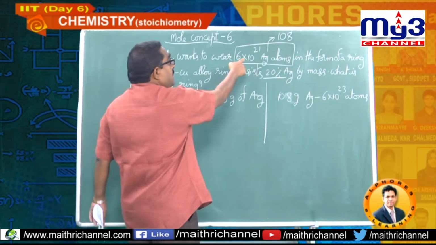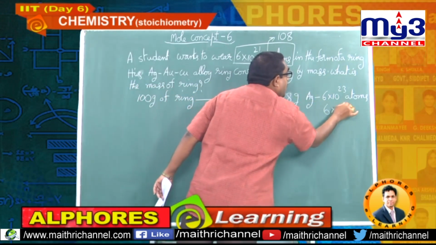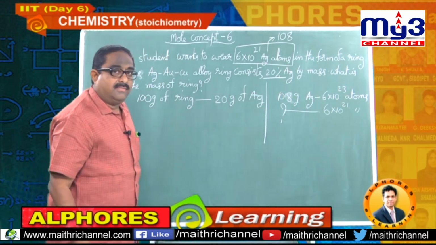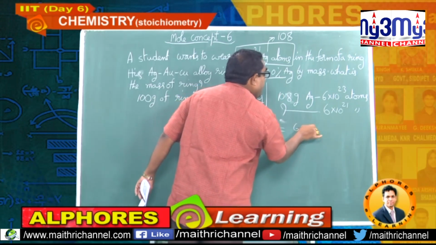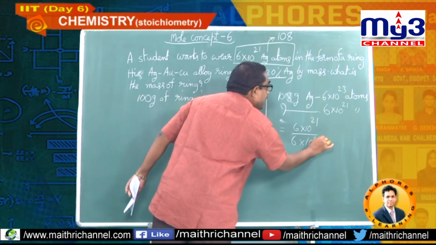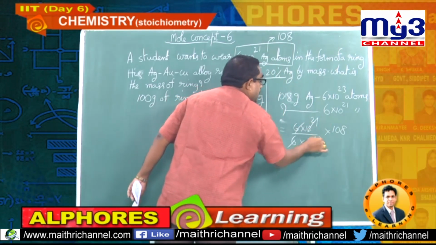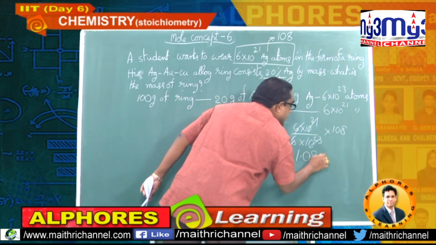But this time the student wants to wear only 6 into 10 power 21 atoms. Then how much weight he should take? Then that is 6 into 10 power 21 divided by 6 into 10 power 23 into 108, and this becomes 10 power minus 2, so that weight should be 1.08 grams.